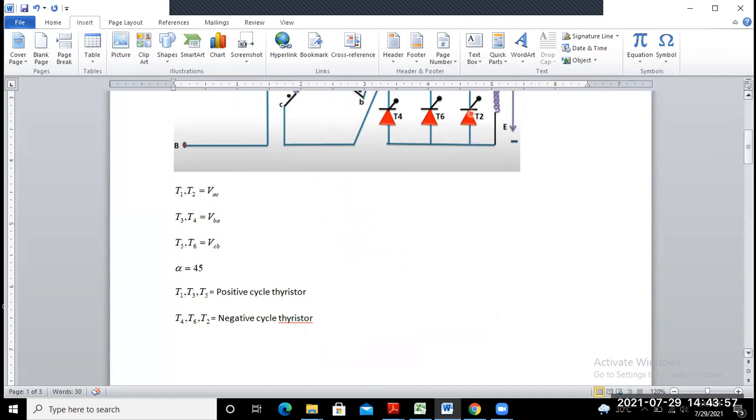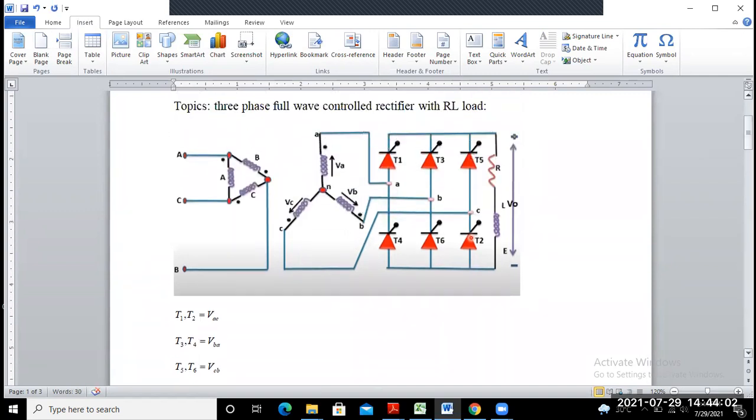Now we try to see the waveform of the supply input voltage and which thyristor conducts at each instant. Always one conducts from the positive half cycle and another from the negative half cycle thyristors.